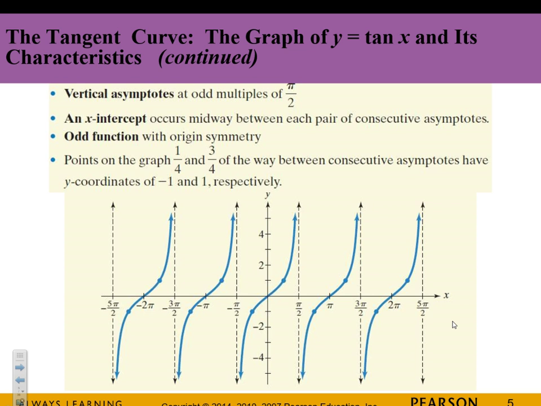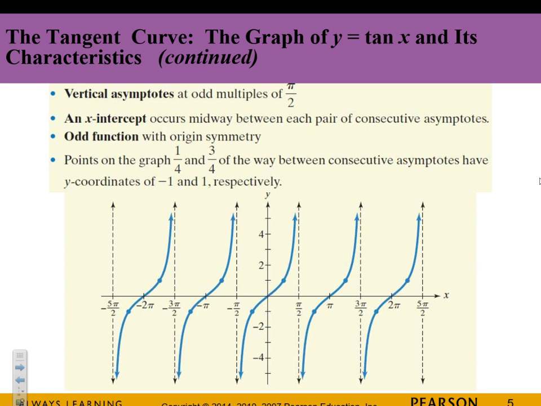This is an odd function. Why? It has origin symmetry. Same idea: if you plug in a negative, it's going to spit out the opposite of what you usually get. This one just happens to have origin symmetry, like you mentioned yesterday, but that doesn't make it necessarily true.